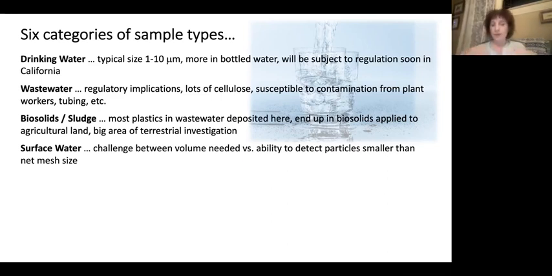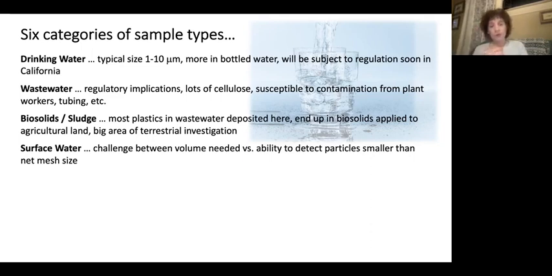They sink out into the biosolids rather than mostly ending up in the effluent. Those biosolids are applied to agricultural fields, and then they end up being reintroduced into the environment, particularly during storms and stormwater runoff. So that's a big area of terrestrial investigation now.